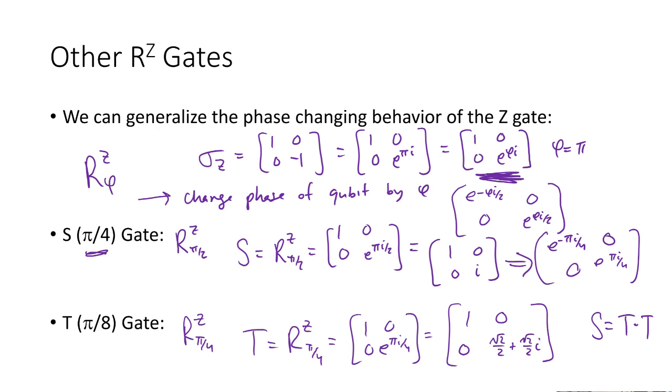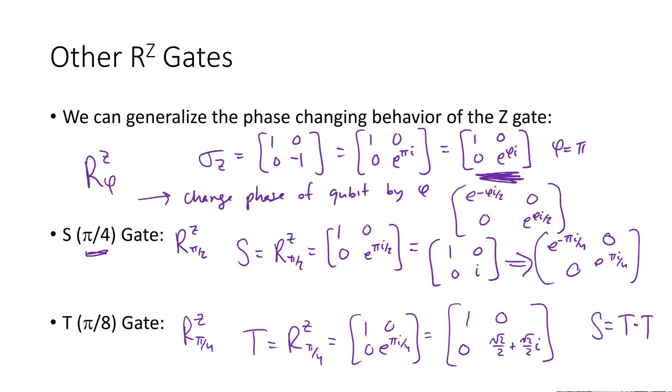All right, what else can we do? You can think about any way you want to move around the Bloch sphere, and there's a unitary 2x2 matrix that'll take you there. But the few other ones that are worth mentioning that you'll see quite often in quantum algorithms are other types of rotational gates.